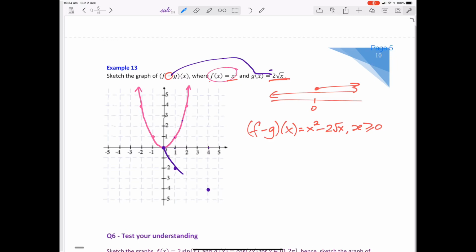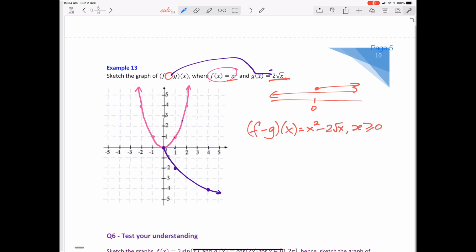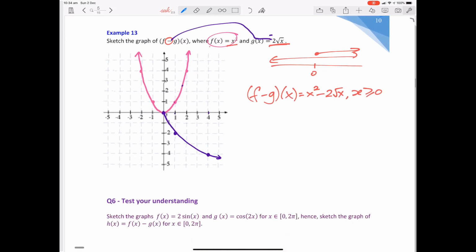Now when we add them together, here I've got 0, 0, so it's got to go through 0. Here I've got 1 and negative 2, so it's going to be negative 1. Then I've got 4 here, and that's 2 root 2. 2 times 1.4, it's negative 3.4, so it's going to be just above.